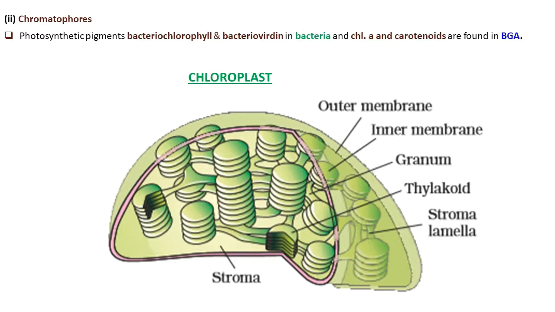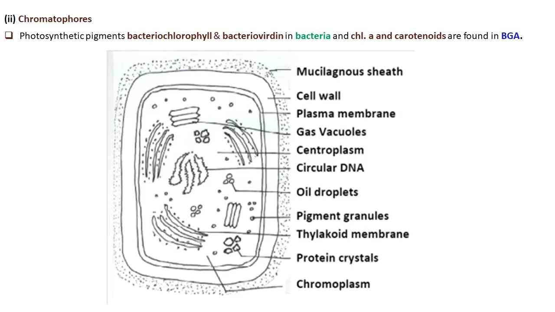This is the pigment of bacteria, which helps in performing the function of photosynthesis. But in the case of blue-green algae, the pigment is chlorophyll A, and that chlorophyll A is similar to that of green plants of the kingdom Plantae.